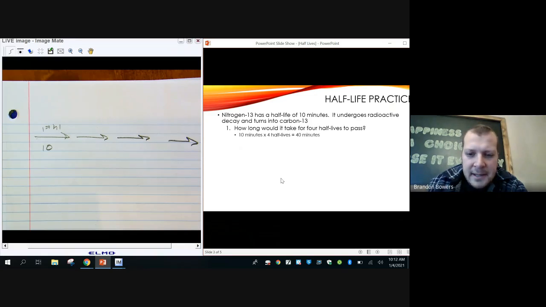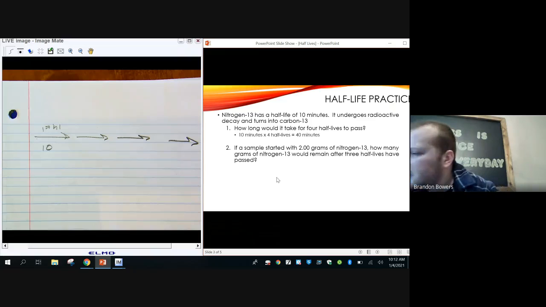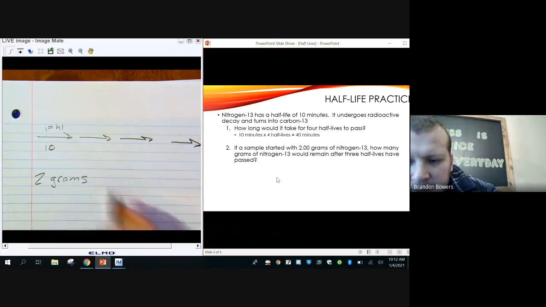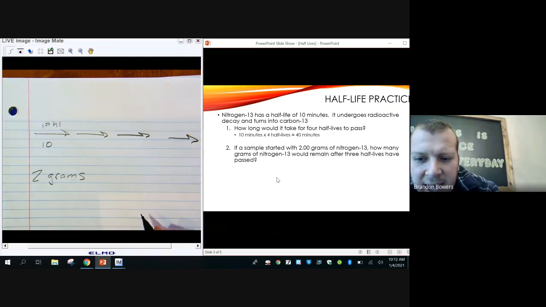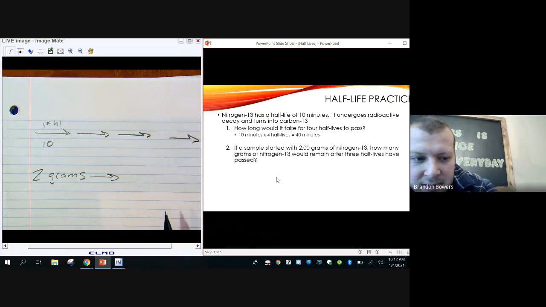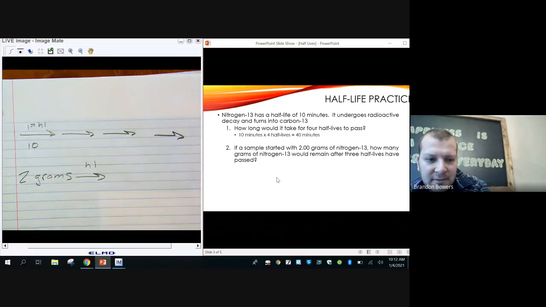Number 2, let's look at another type of problem. If I start with 2 grams of nitrogen-13, how many grams would remain after 3 half-lives have passed? After my first half-life, how many grams would I have?